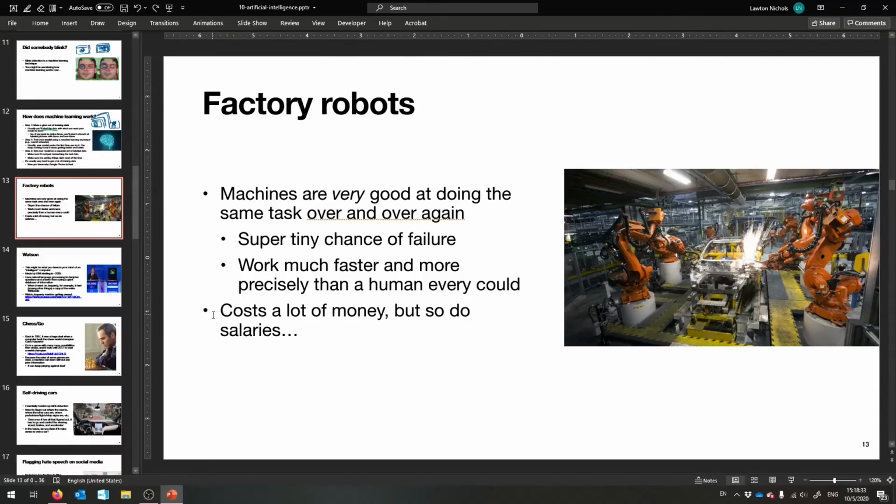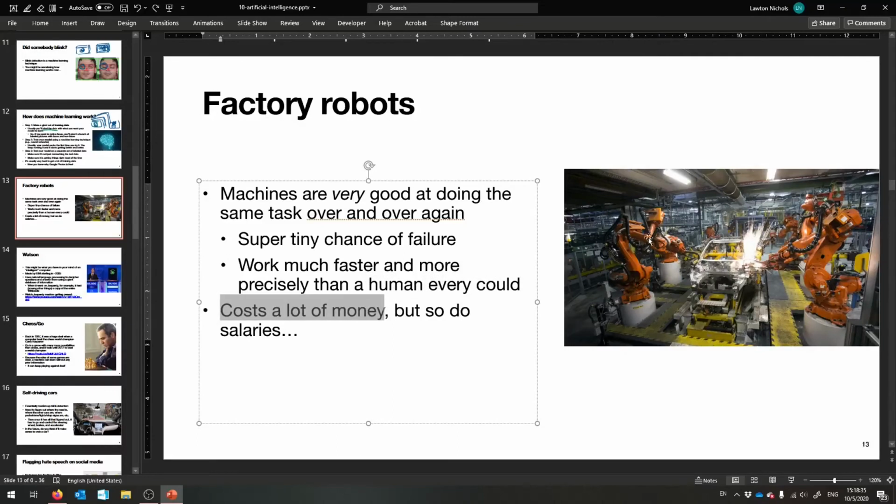And I guess up front this costs a lot of money to install these factory robots, but the second they are working, they start making a whole lot of money a whole lot faster, because now you don't have to pay somebody their salary, which is really unfortunate, but I guess that's one of the arguments for, what's it called?